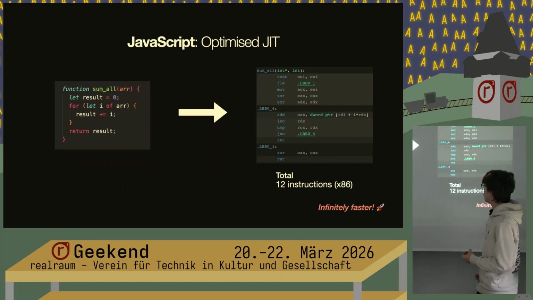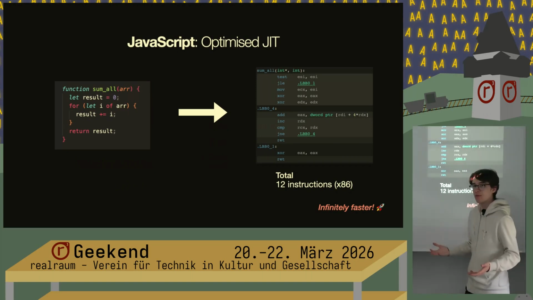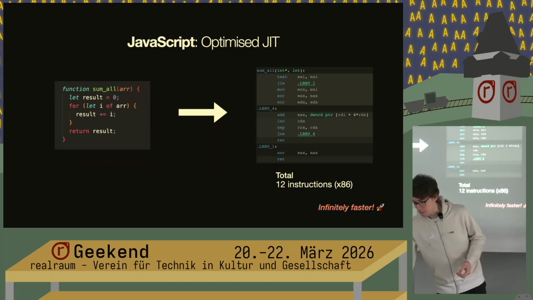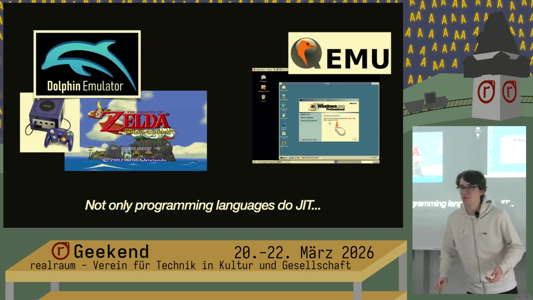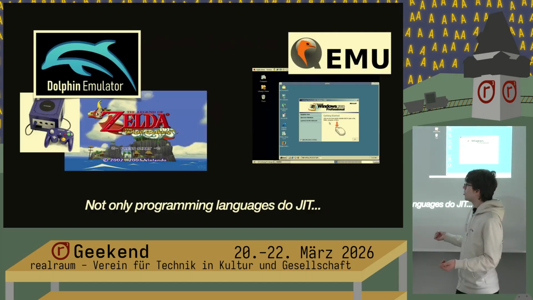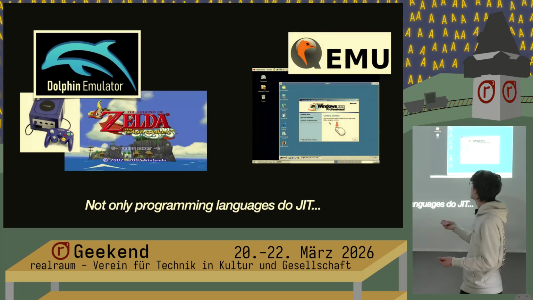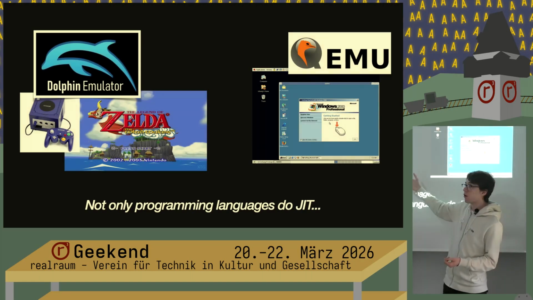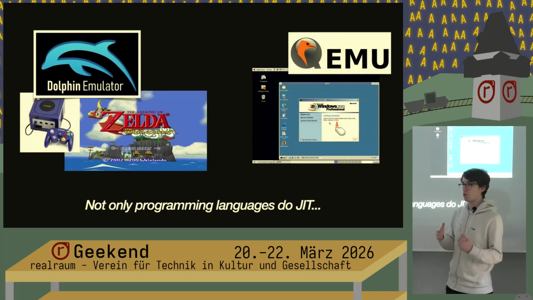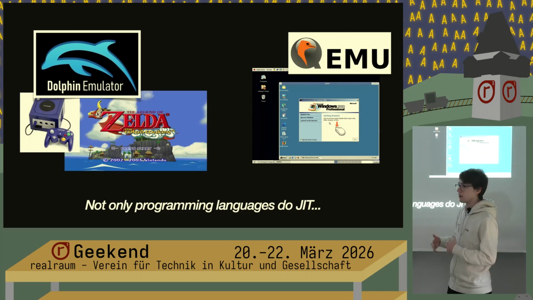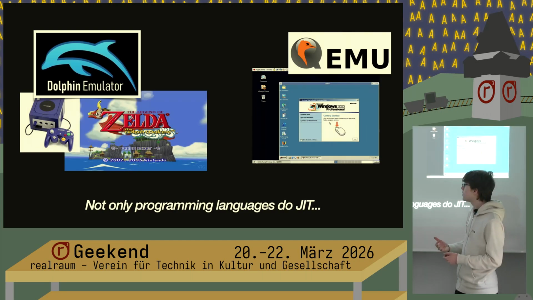And of course, as I said, there are a few problems with doing that. But doing something like this is actually very common. And not only programming languages do that. There are a lot of emulators that do that. For example, Dolphin converts in real time the code for the Wii or the GameCube into your current host platform.